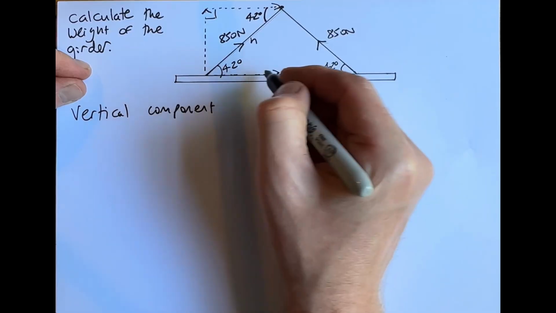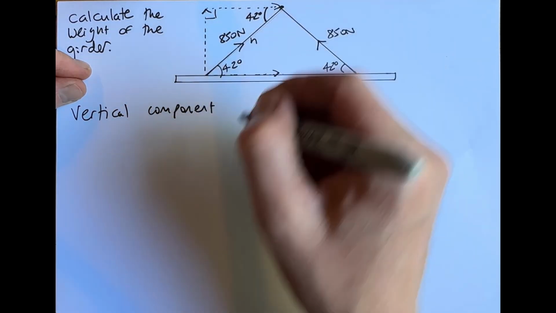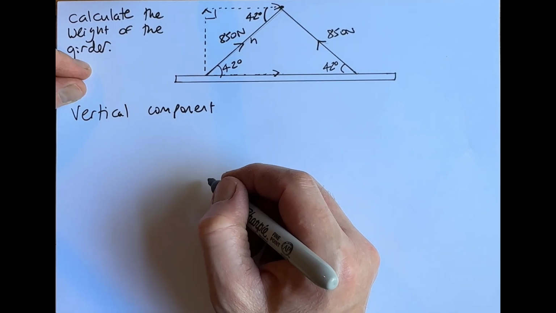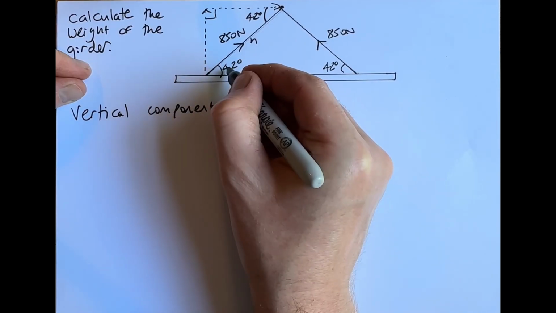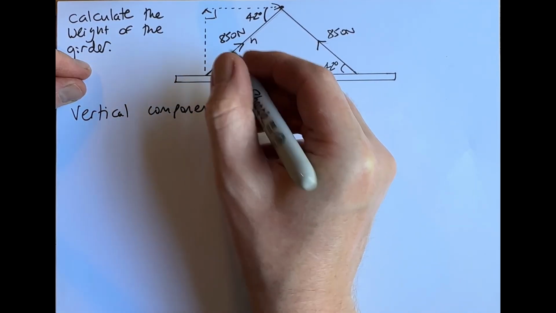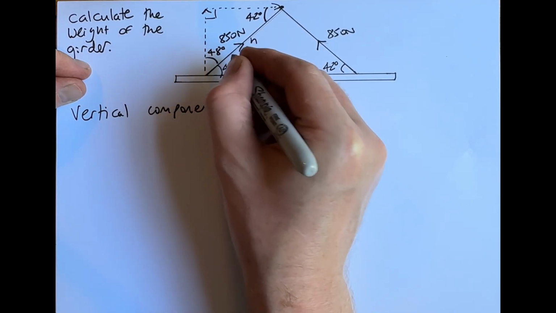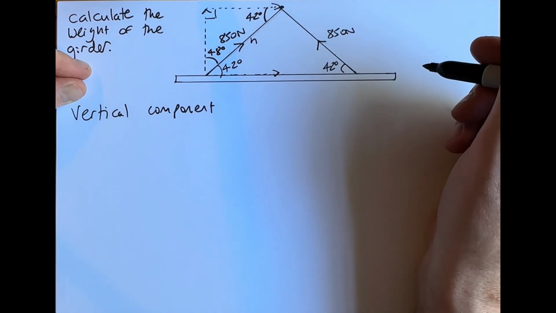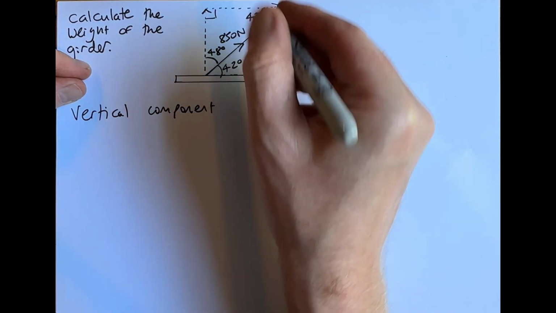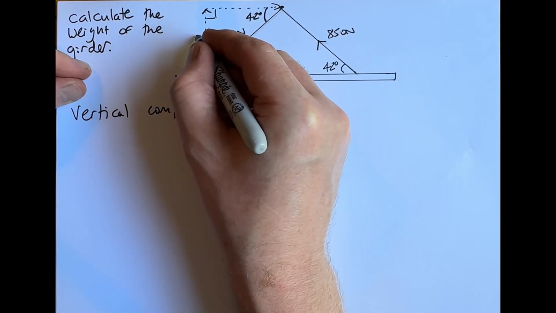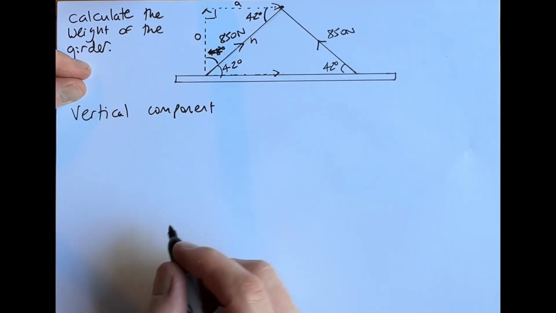Or the other thing you could figure out is that this angle here is 90 degrees, so if that's 42 degrees there, then this angle here must be 48 degrees, because it's 90 minus 42. But the point is that this is the hypotenuse. If we use this angle here, this will be the opposite, so let's just ignore that for now. And this will be the adjacent.